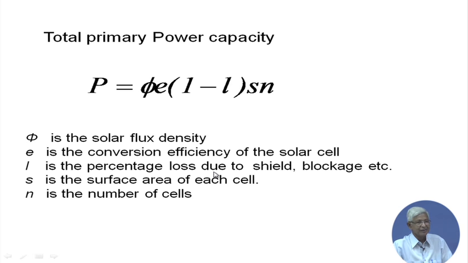The body of the satellite, or an antenna, might be creating certain shadow. So there is a certain loss, which is small l, and then the surface area of each cell, and of course the number of cells. So when the power requirement and other factors are known, we can calculate how many cells are required for a particular cell surface area S.